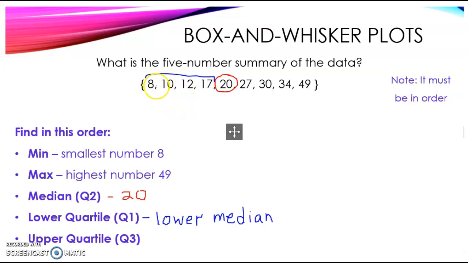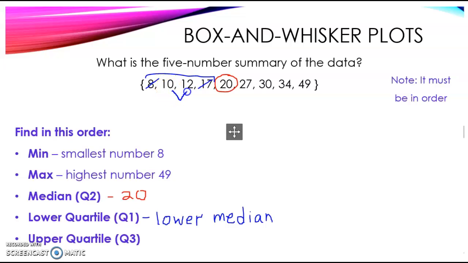We clearly have 4 options there, and so there's not a specific middle number since there's an even amount. It's definitely not going to be 8 or 17, but we need to find the number that is halfway between 10 and 12, and that's going to be what we call the lower quartile, or the lower median.